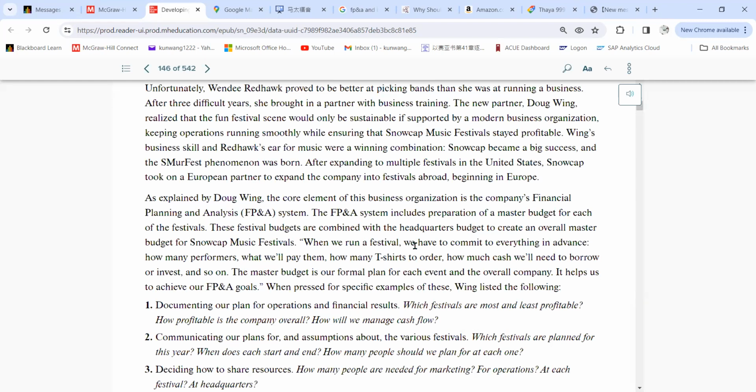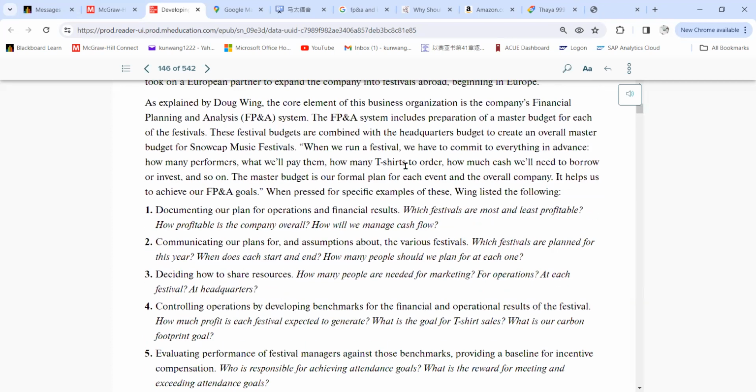The budget making will be an essential part of the FP&A process. So the new partner introduced the benefits of using the master budget, because the original partner was concerned about the cost and also the time they need to spend on preparing the budget.